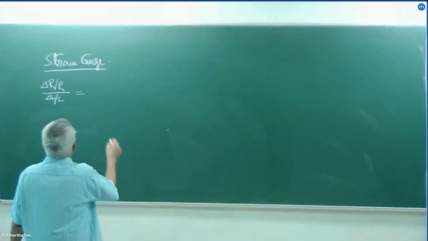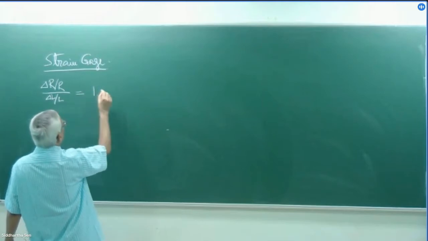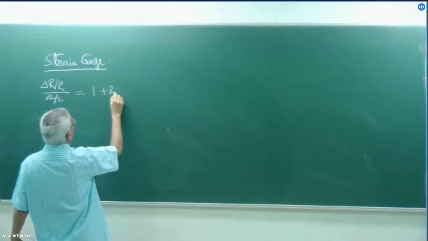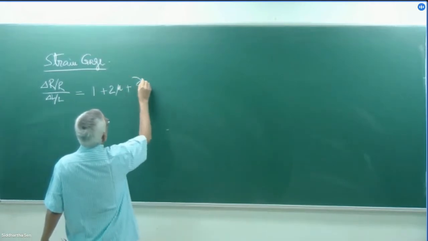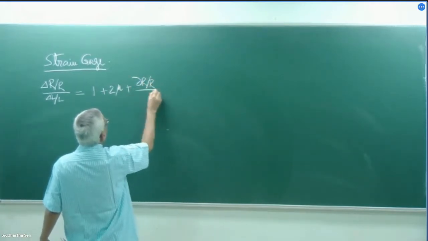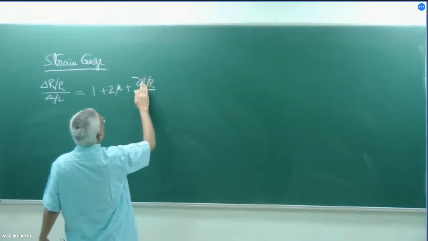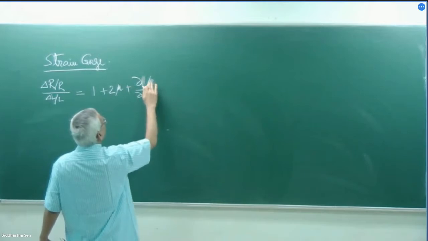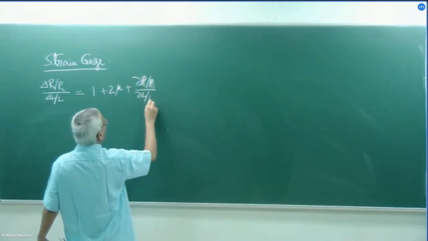This is constant for a material and is given by 2 into mu plus del rho by rho divided by del L by L.